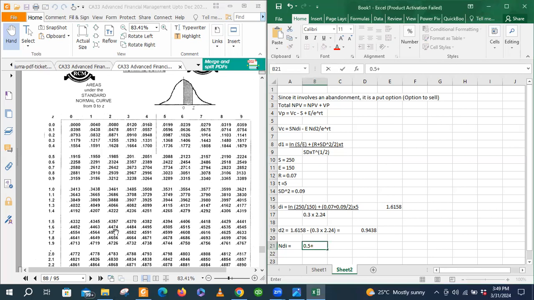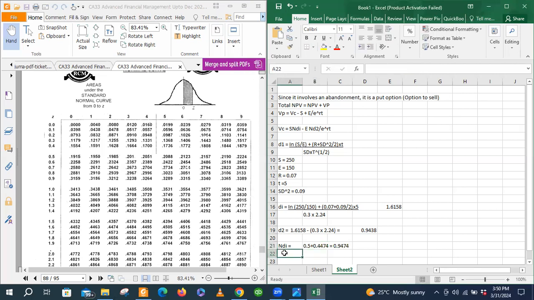Are you seeing 0.4474? We go to 1.6, then 2. Yes, 0.4474. So that one would equal 0.9474.